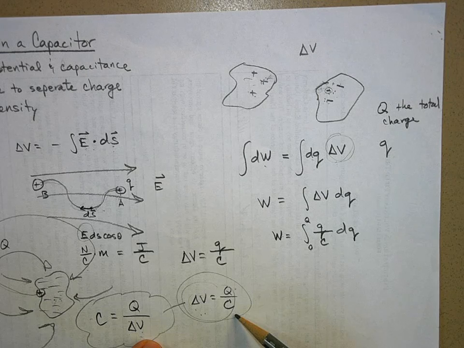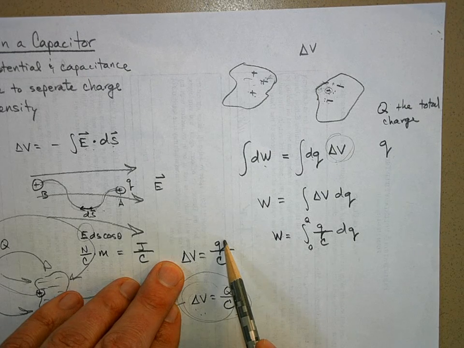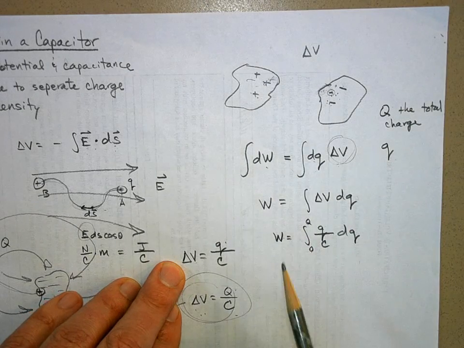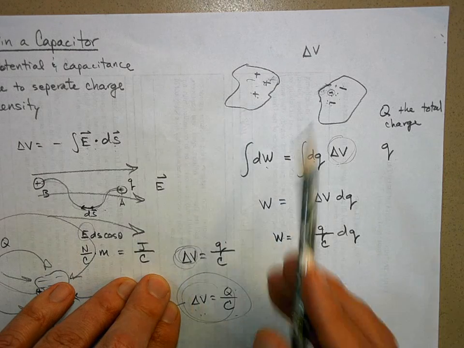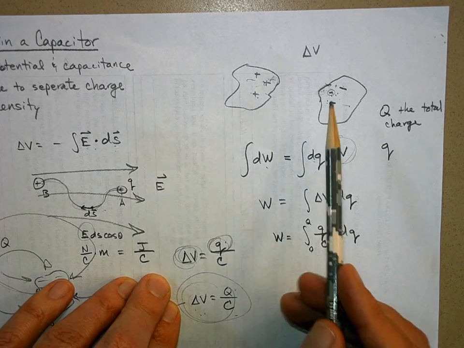But this is the voltage at the given moment when I have this amount of charge on it. So I'm not done adding charge. I'm going to add some more charge on it. So in other words, the voltage between these plates varies directly with how much charge I've separated.